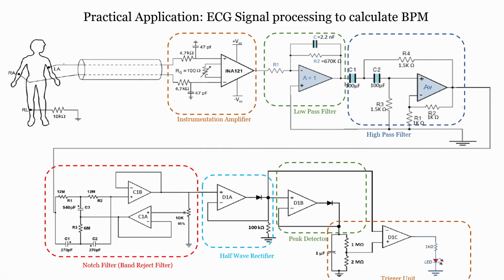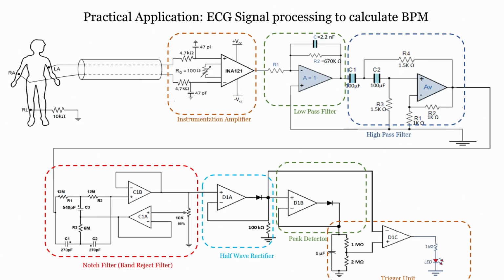When we connect these leads to the instrumentation amplifier, what will happen? The instrumentation amplifier will pick up the signal, and because of its high CMRR, the common mode signals are rejected and the differential signal is amplified and fed to the low pass filter, right. For the low pass filter, we have designed a filter which can filter out anything above 100 hertz, and then we have a high pass filter for 1 hertz.